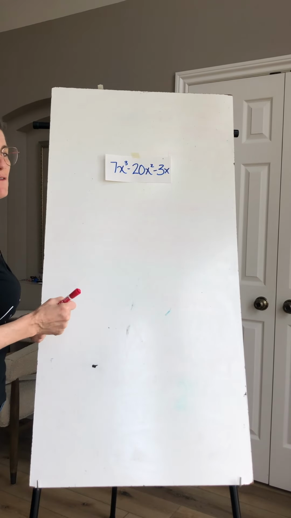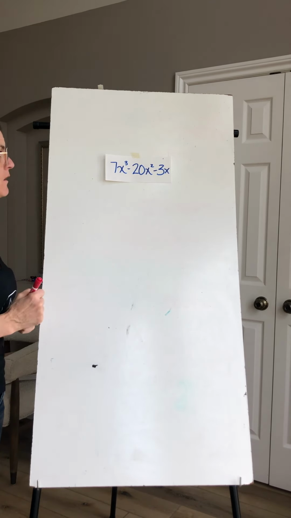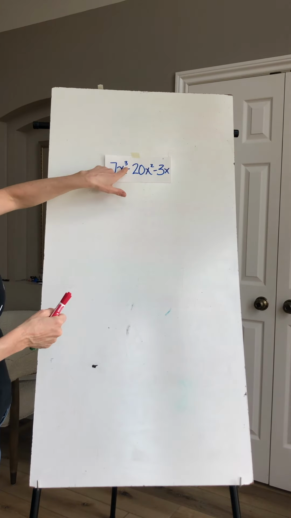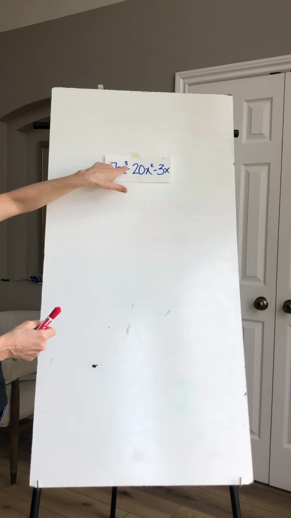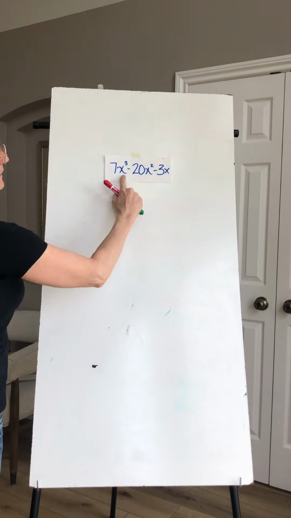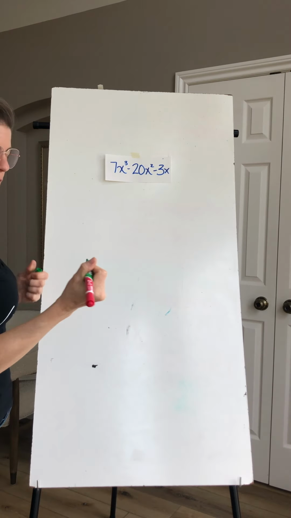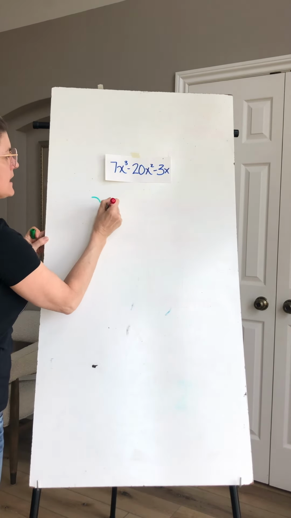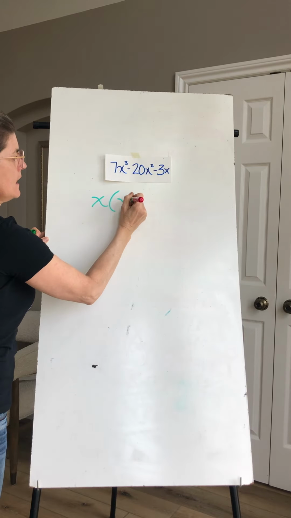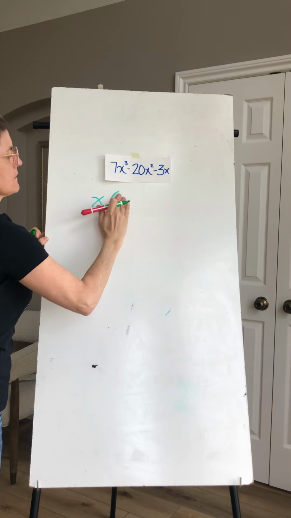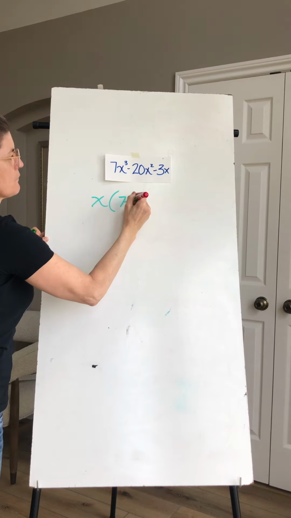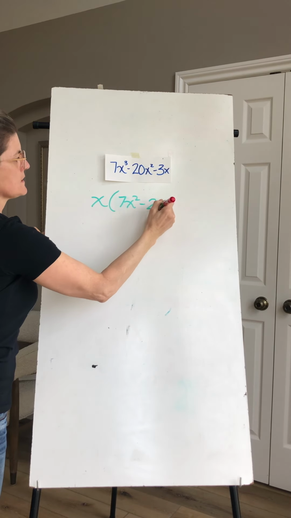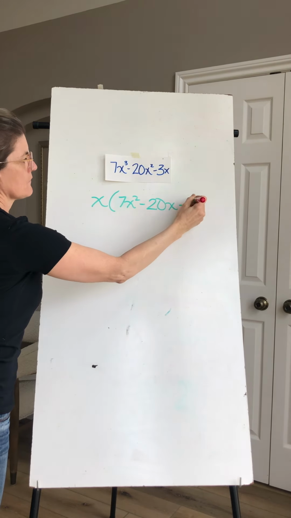Well, 7, 20, and 3, I don't see what's happening there. But I've also never asked you to do anything with a cubed before, so that's a little bit suspicious. And then you'll notice that there's an extra x in every single one of these that I could take out like that. Oopsie, don't forget the 7. 7x squared minus 20x minus 3.